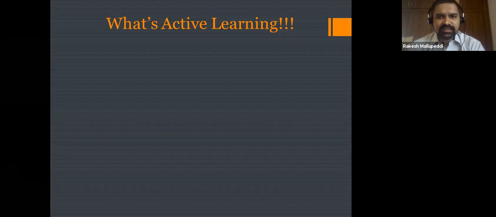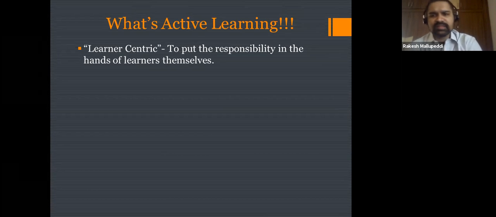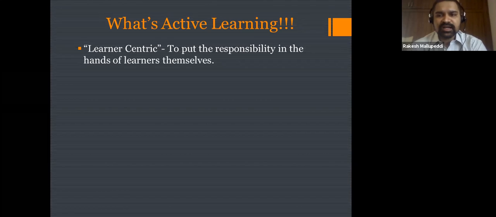So active learning is more learner centric. When you engage with the student, you are putting the responsibility of learning in the hands of the students, where their participation makes it more fruitful and useful for all the parties involved.